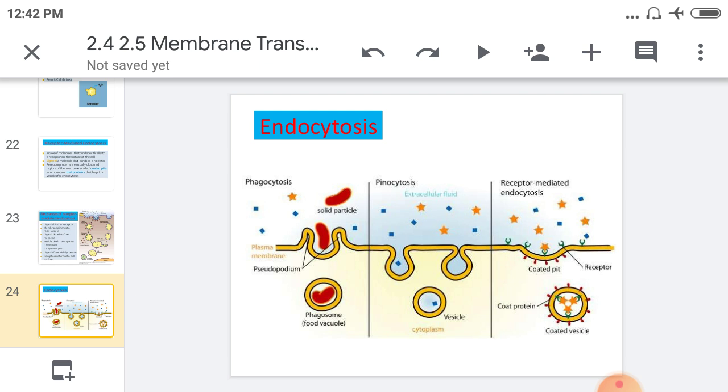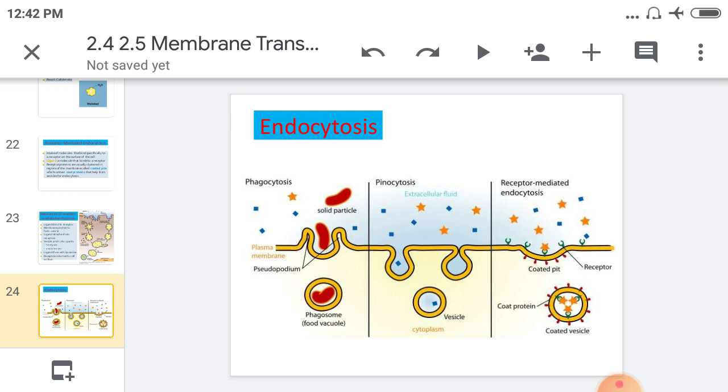What is meant by phagocytosis? The solid food particle is engulfed by the cell. At first, the cell surrounds the solid food particle by an extension of the plasma membrane, and the solid particle is trapped by a vesicle called the phagosome. After formation, the phagosome separates from the plasma membrane and enters inside the cell.